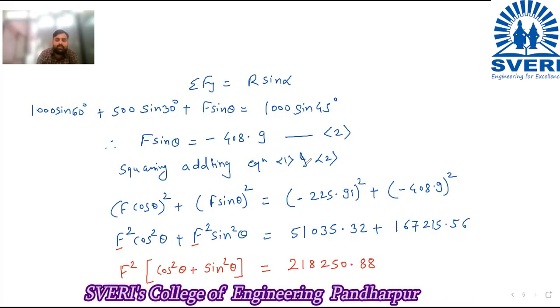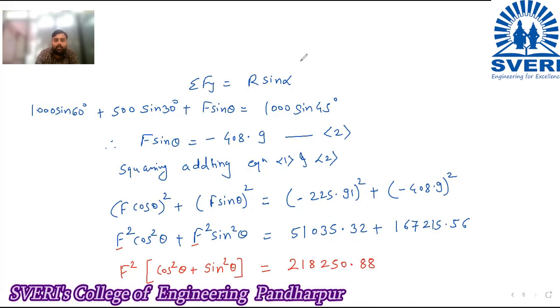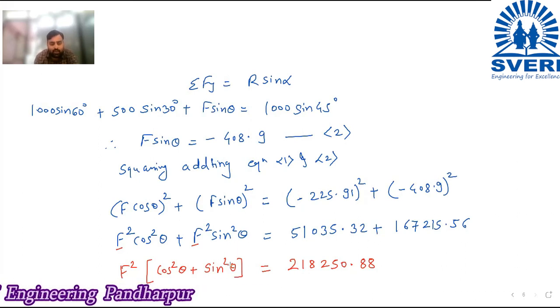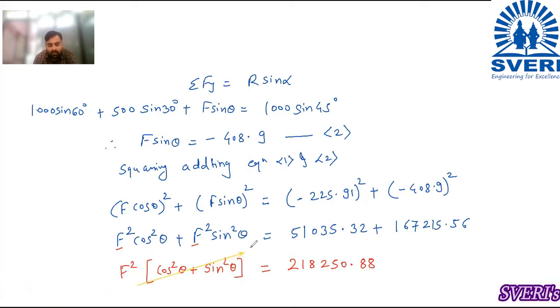Now here you can see this is the value of f square, because cos square theta plus sin square theta is always 1. So this value is 1.